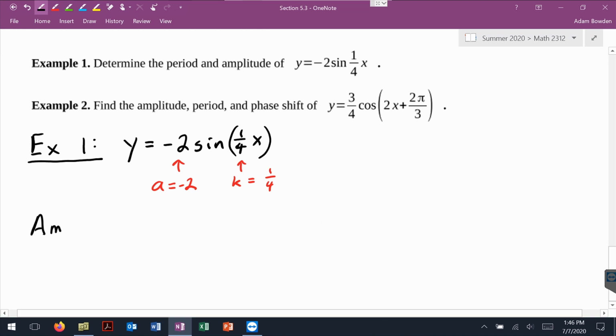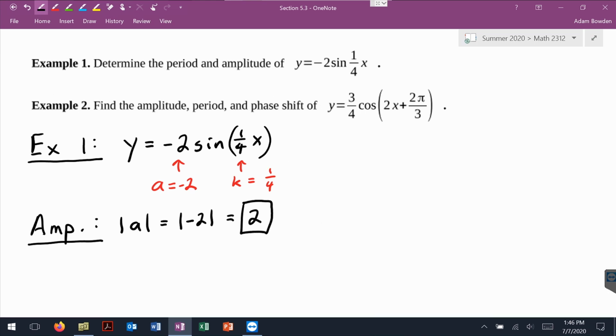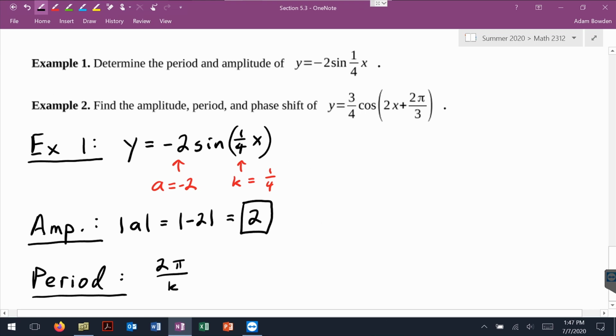The amplitude is the absolute value of a, or the absolute value of -2, or just +2. So if it's a negative number, it'll be positive for amplitude. The period we calculate by doing 2 pi divided by k. That here is going to be 2 pi divided by 1/4.